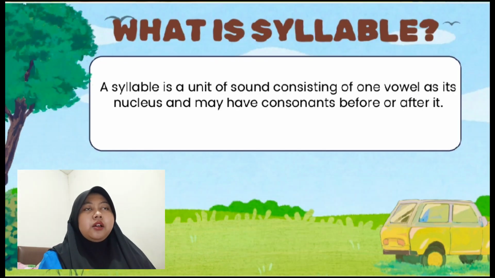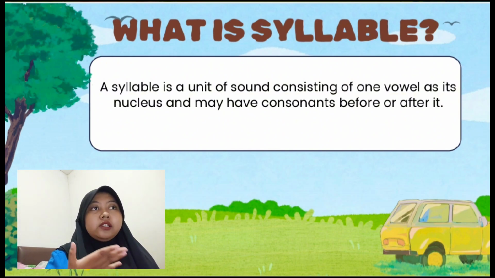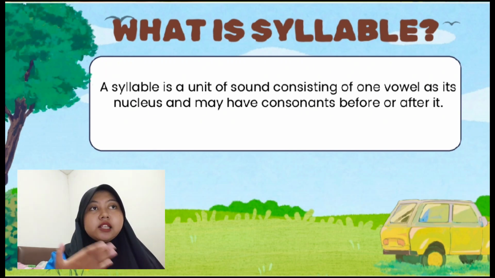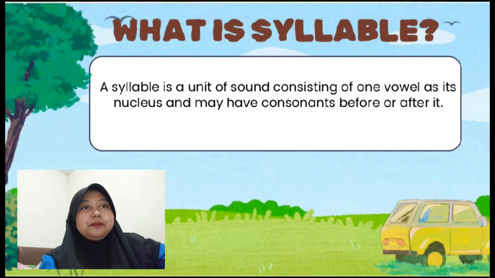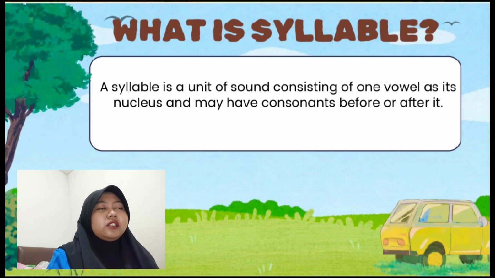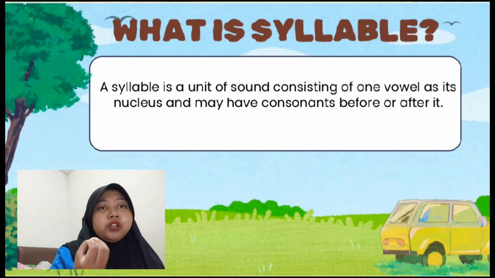Alright, the first one. What is syllable? Syllable is a unit of sound consisting of one vowel as its nucleus and may have consonants before or after it. So, a syllable is a unit of sound in a word.